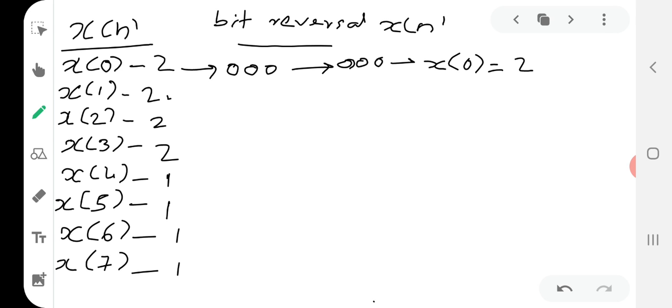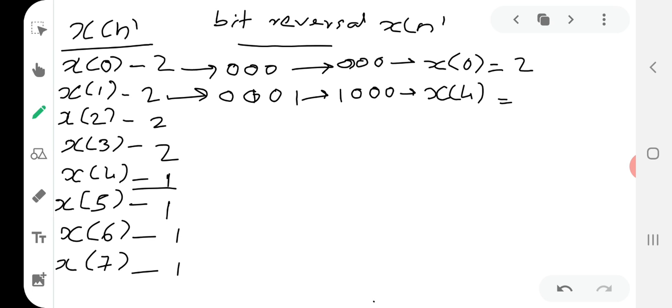Next, the expansion of 1 is 0 0 1, and the bit reversal form of 1 will be 1 0 0, and this is equal to x of 4. The value of x of 4 is 1. Like that we can write all the terms.